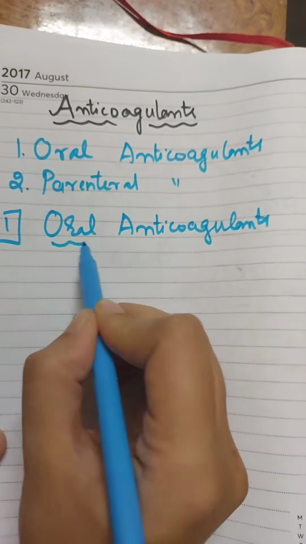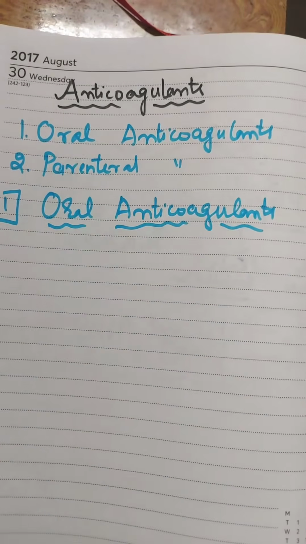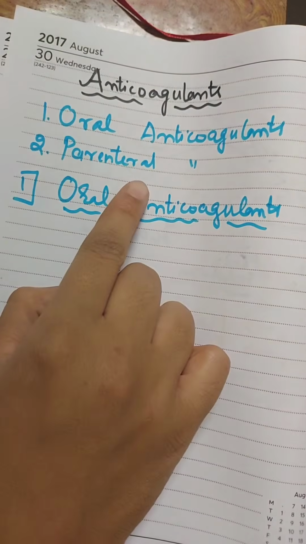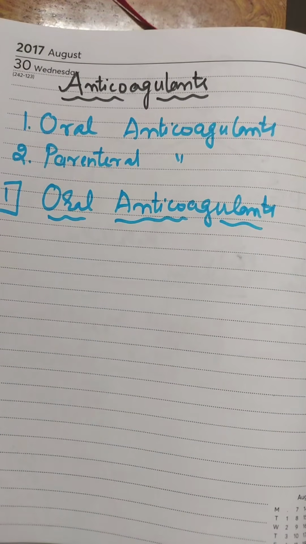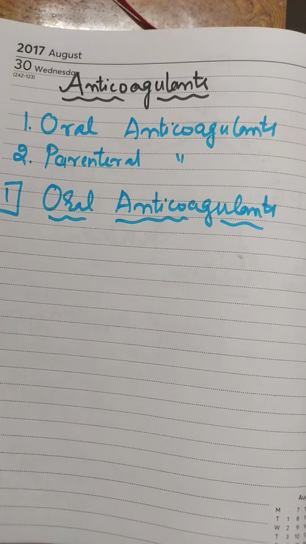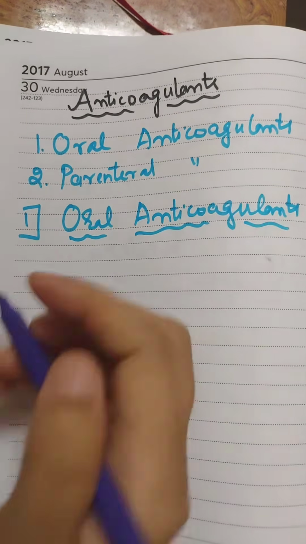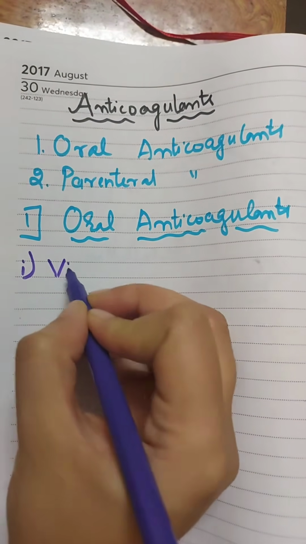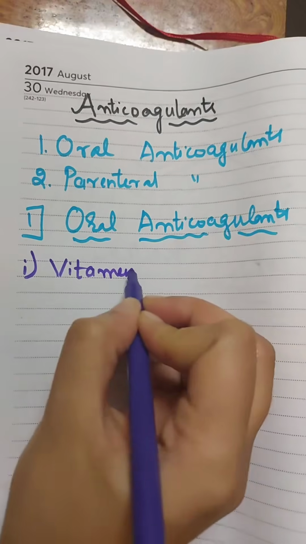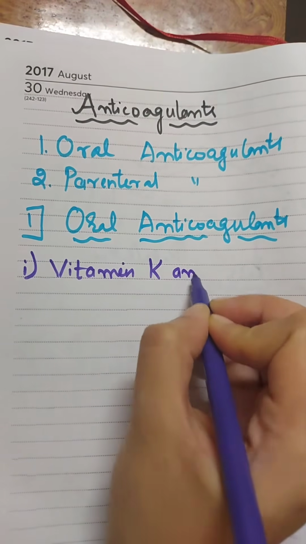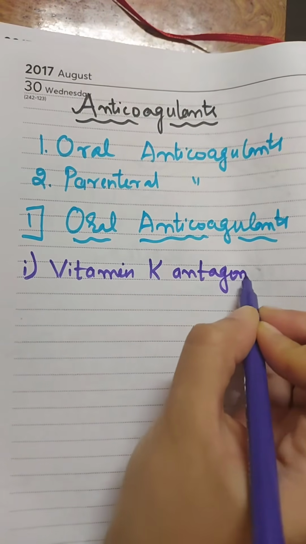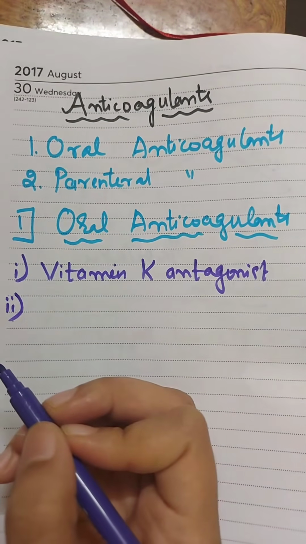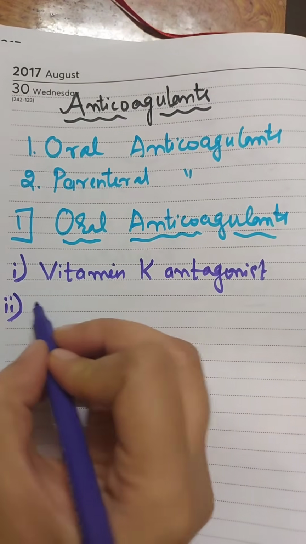Oral anticoagulants means these are the anticoagulants which are taken via the oral route. Very simple. Parenteral anticoagulants means these are taken via the parenteral route. Now in oral anticoagulants, we have three classes of drugs. The first one is vitamin K antagonists. The second type is thrombin inhibitors.